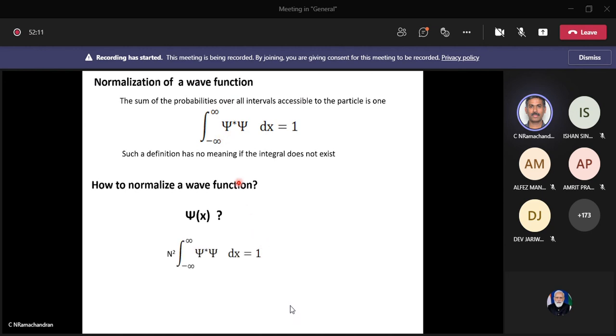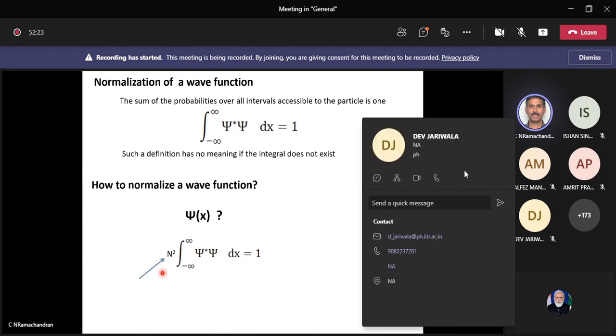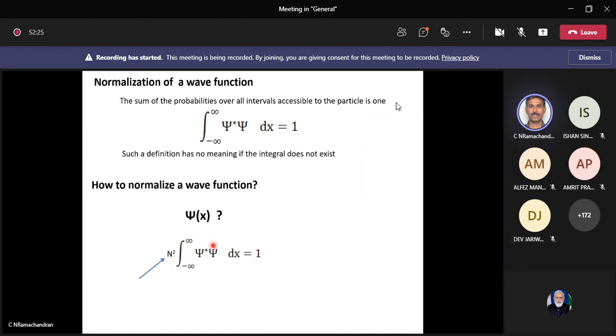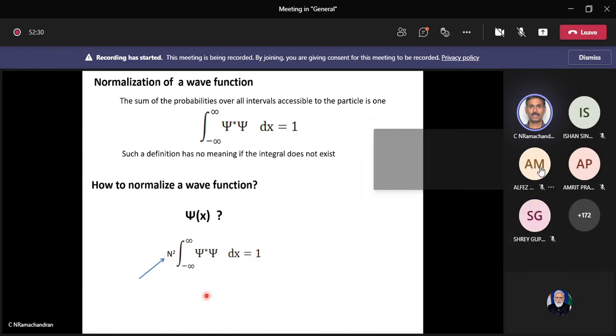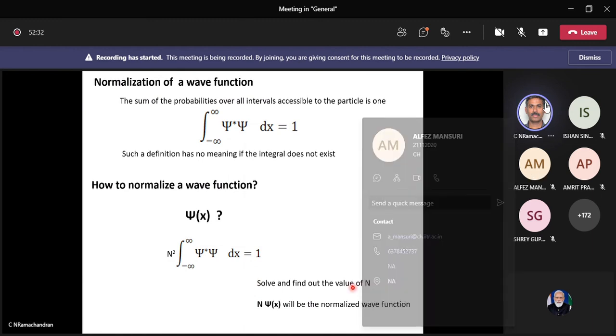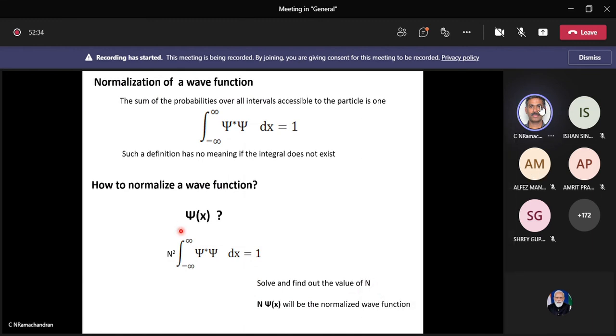There are two Ns, one from each, so you take N square outside. By integrating the remaining part you will get a value, and N square times that value should be 1. From that you can find the value of N. Once you know N, substitute it back into your wave function. Then N psi is a normalized wave function. This is the mathematical procedure.